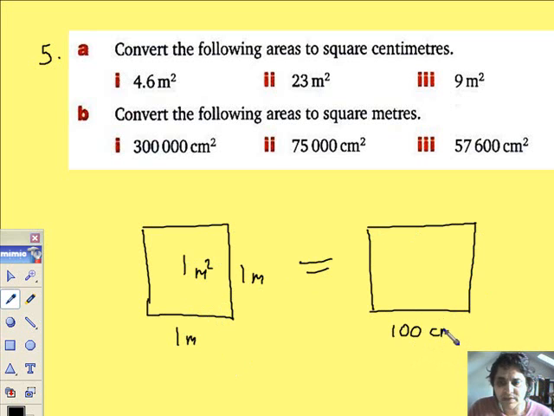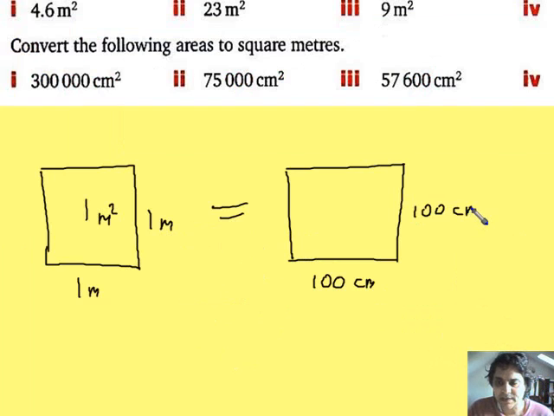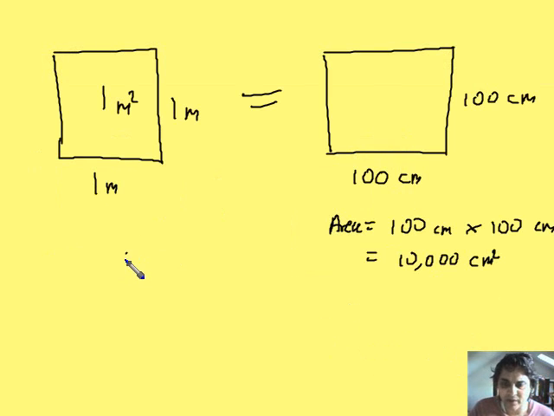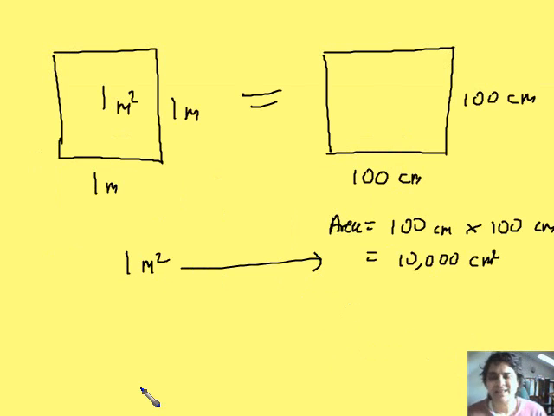A metre is 100 centimetres, and this metre is also 100 centimetres, so we've got an area of 100 centimetres by 100 centimetres, and 100 times 100 is 10,000 centimetres squared. So 1 metre squared is exactly the same as 10,000 centimetres squared.